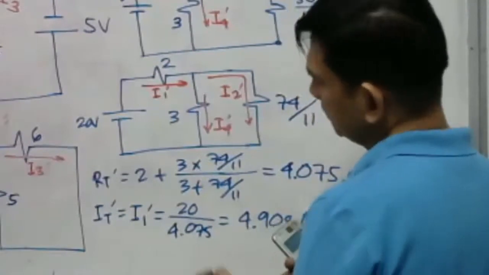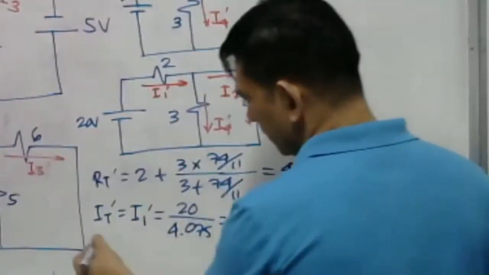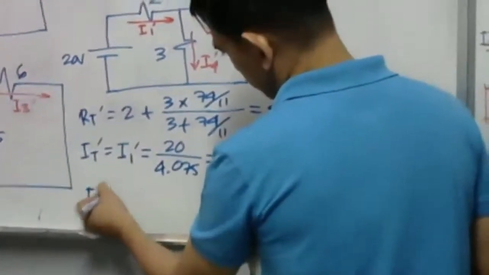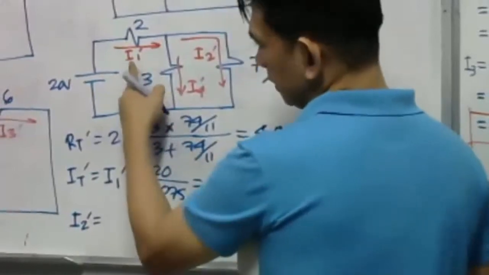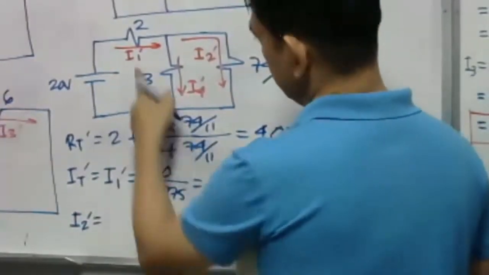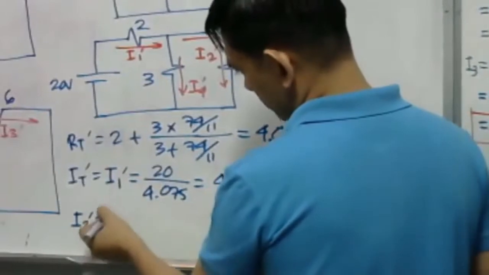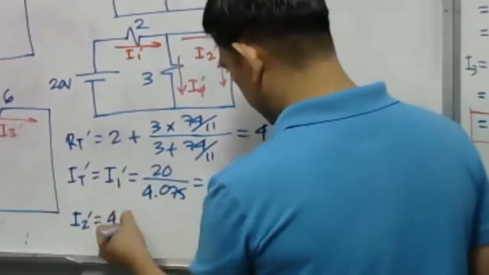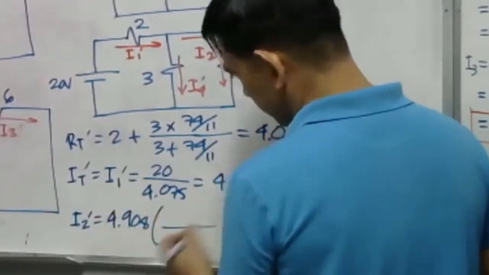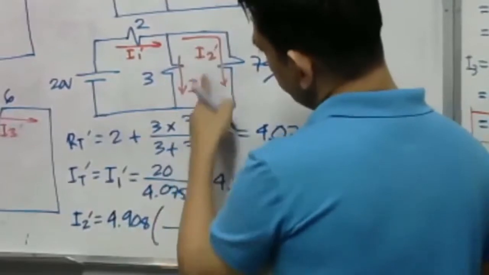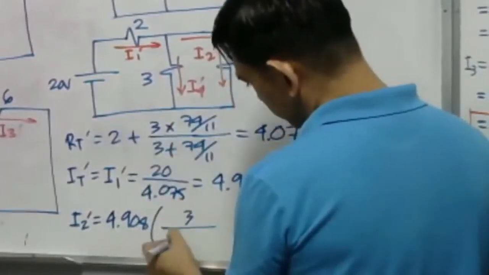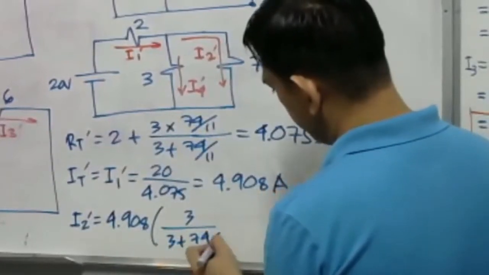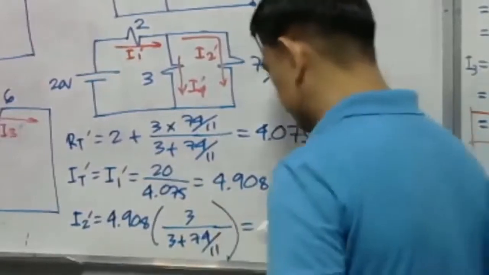amperes. Now, let's make use of current divider theorem here. What about our I2 prime? I2 prime will be equal to the resultant current, which is our I1 prime. What is our I1 prime? 4.908, then multiplied by the opposite resistance, for I2 prime the opposite is 3 over 3 plus 74 over 11. What is now the value here?